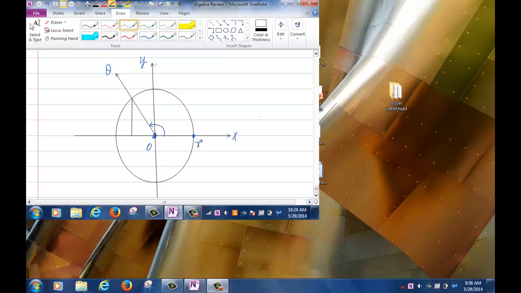This point, let's say, is P. Now I got a right triangle, right? You guys realize that I have a right triangle? That right triangle will be called the reference triangle.